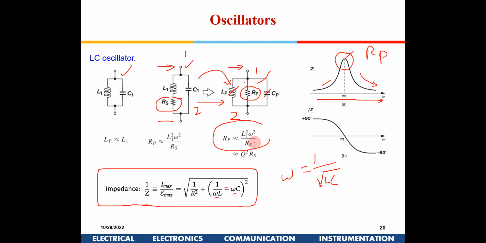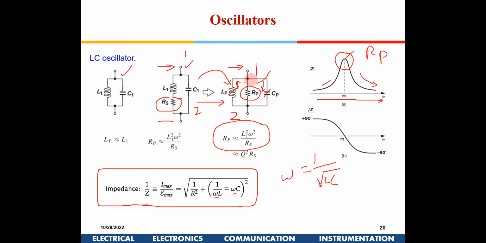When the capacitor and inductor impedance cancel out, the impedance should be minimum, right? Why are we saying maximum? See, they will get cancelled out, and the current which is flowing here will get cancelled by the current which is flowing here.